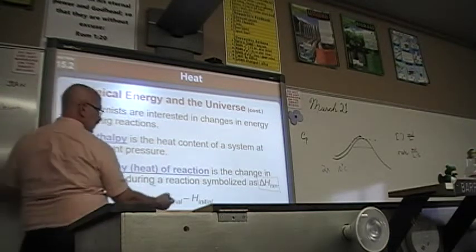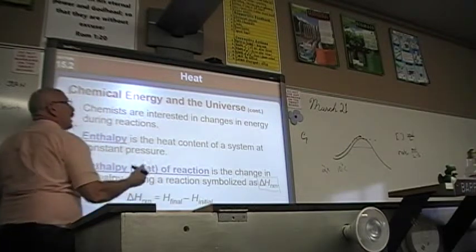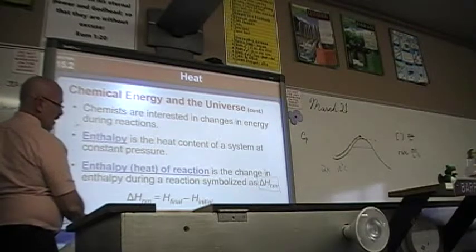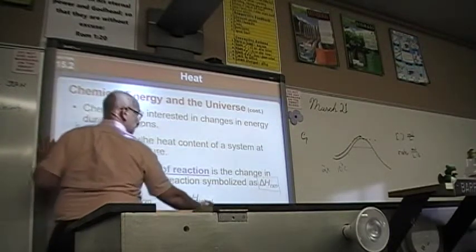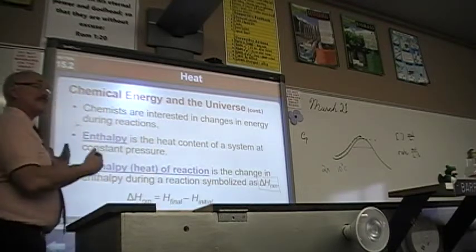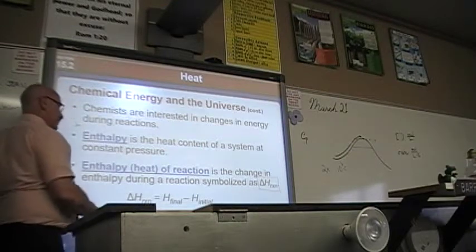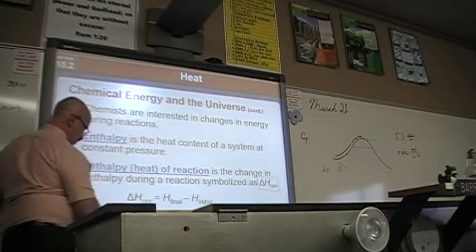It's going to be the final enthalpy minus the initial enthalpy. It's going to be the enthalpy of the products minus the enthalpy of the reactants. Ta-da! How do we calculate those? Okay, we're going to get there. So, enthalpy of a reaction is products minus reactants.